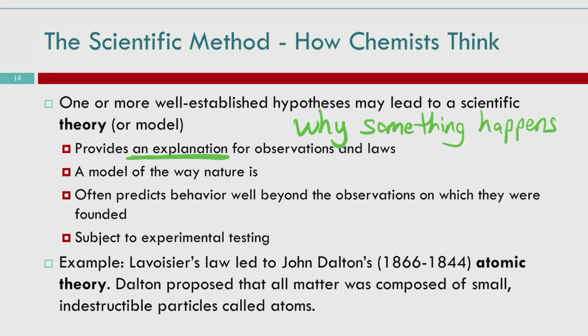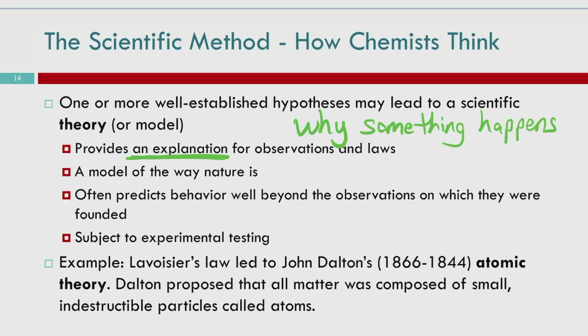So why was mass before and after the same? The law of conservation of mass says that the before and the after will have the same mass. It doesn't tell us why that happens. It doesn't explain the underlying cause, the underlying mechanism that I sort of talked through.